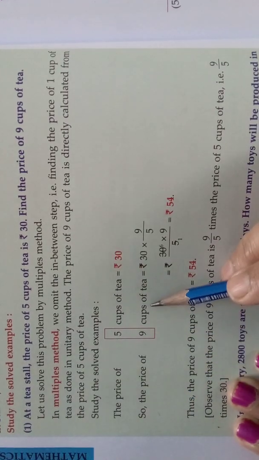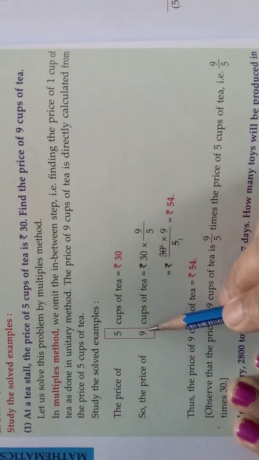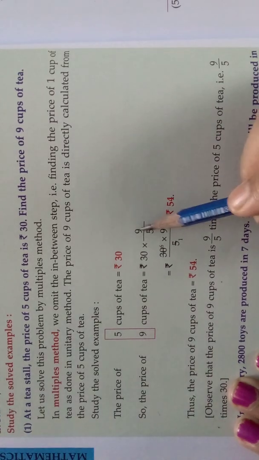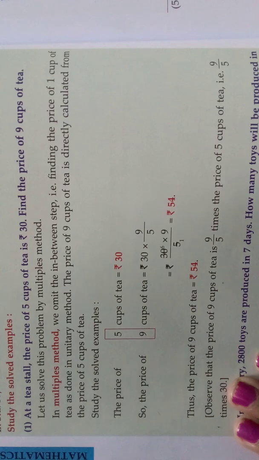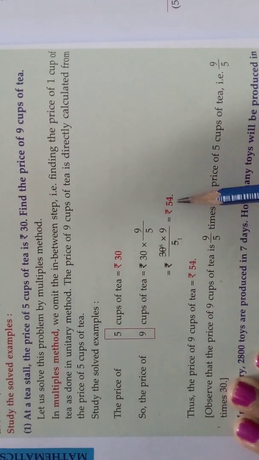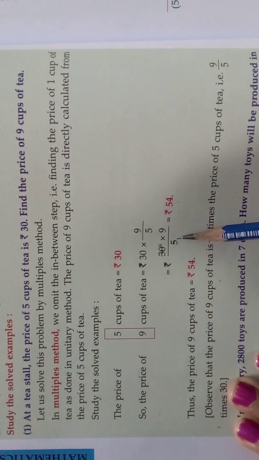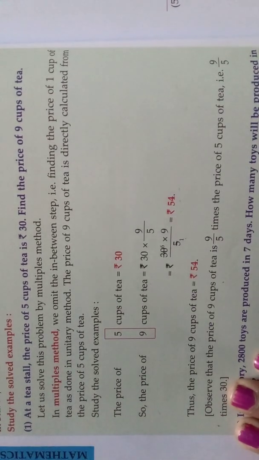So the price of 9 cups of tea is equal to 30 into 9 by 5. By simplifying it, we will get 54 rupees. 5 ones are 5, 5 sixes are 30, 6 nines are 54.